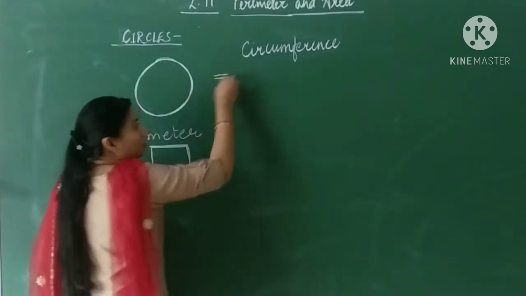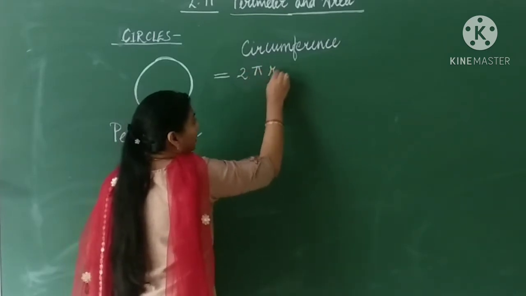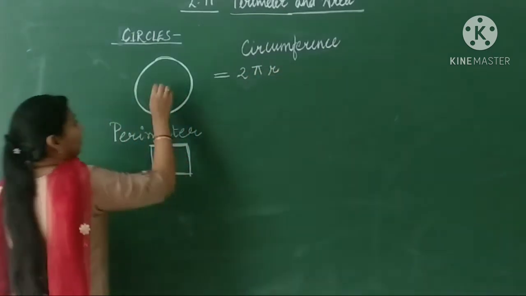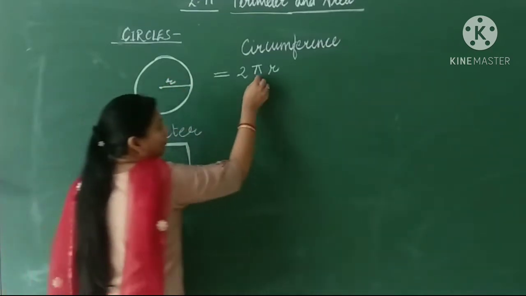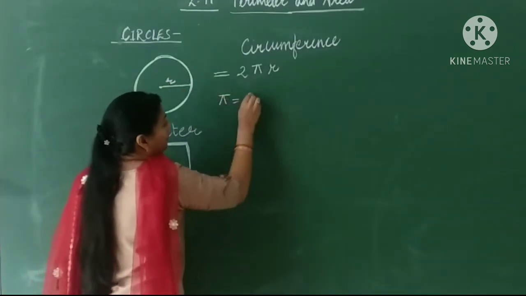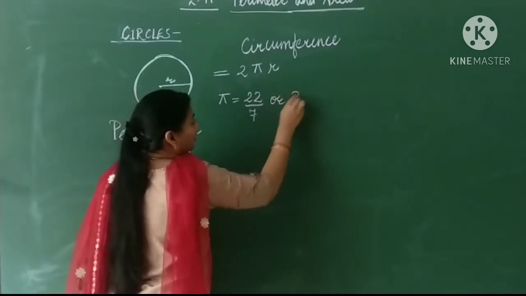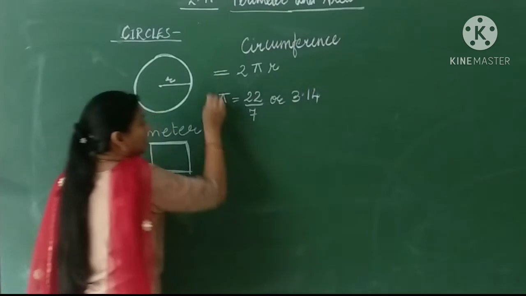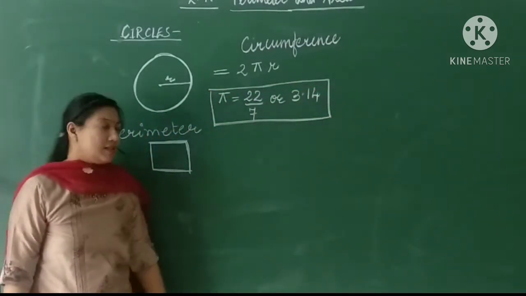Now what is the formula of circumference? 2 pi r, where r is the radius of the circle. The value of pi is given either as 22/7 or 3.14. This value is generally given in the questions.